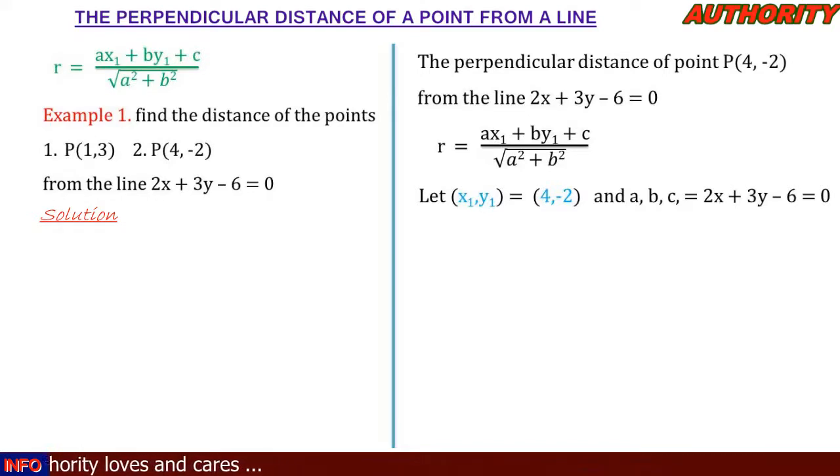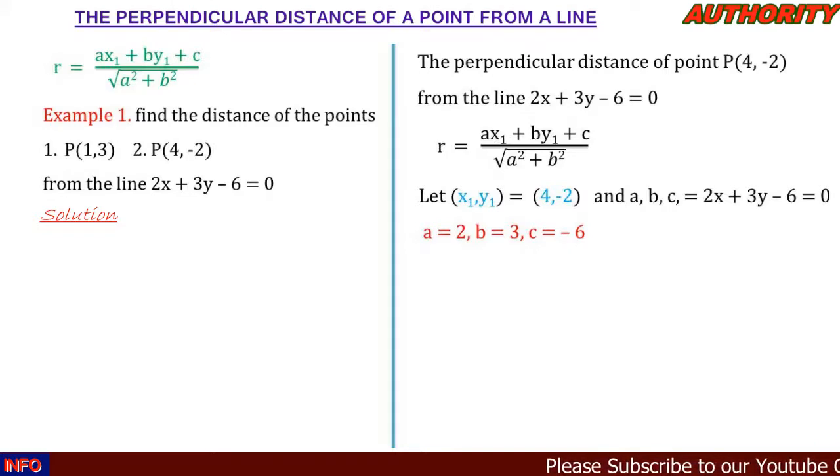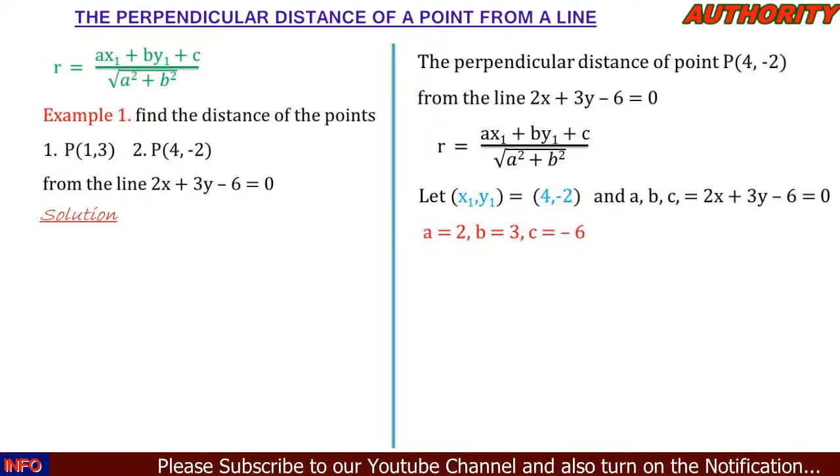And then let a, b, c come from 2x plus 3y minus 6. That means we're going to use the coefficients: the coefficient of x to be a, the coefficient of y to be b, and the constant to be c, equal to 0. So a is equal to 2, b is equal to 3, and c is equal to minus 6. So let's fix in the values in this formula.